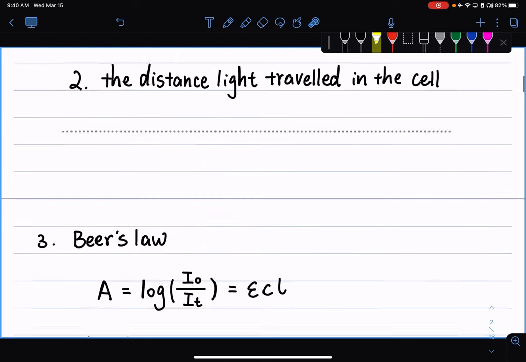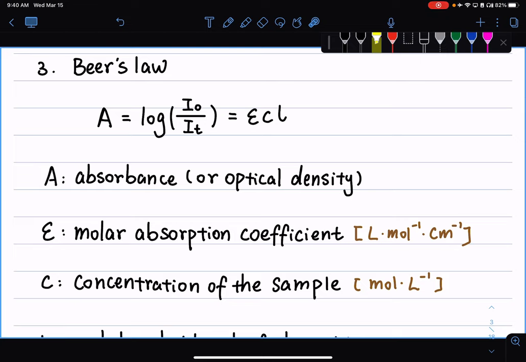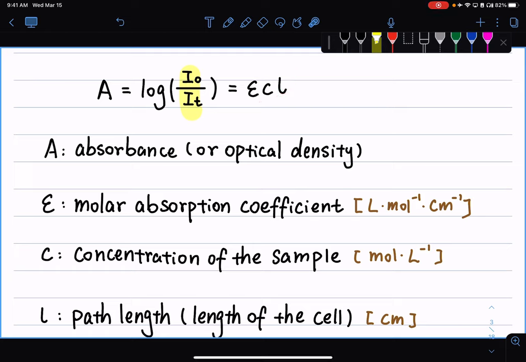That boils down to the use of Beer's law, which I see people smiling at. If you take AP chemistry, you probably saw that before. A here is the absorbance or optical density. That equals the logarithm of I0 over I_T. These two are the measured quantities in the experiments, and this property depends on three different things.